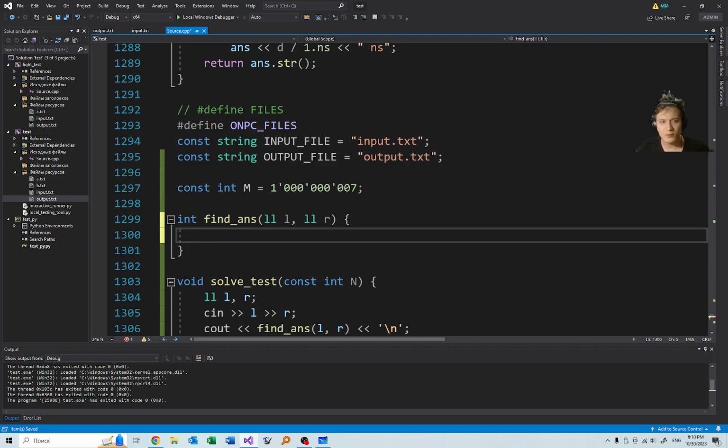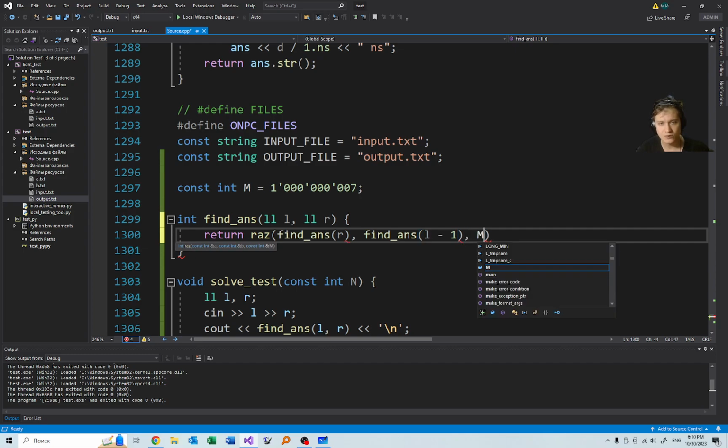I guess what we will do is find the difference between find ans of R and find ans of L minus 1 modulo M.